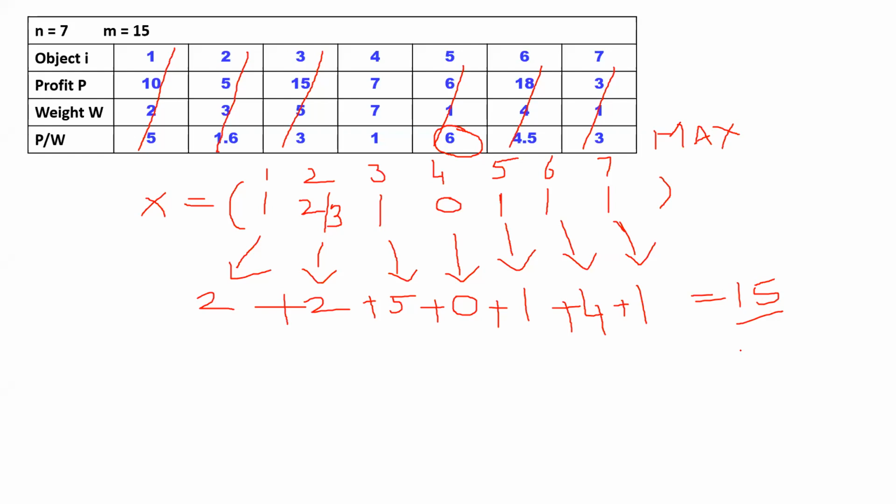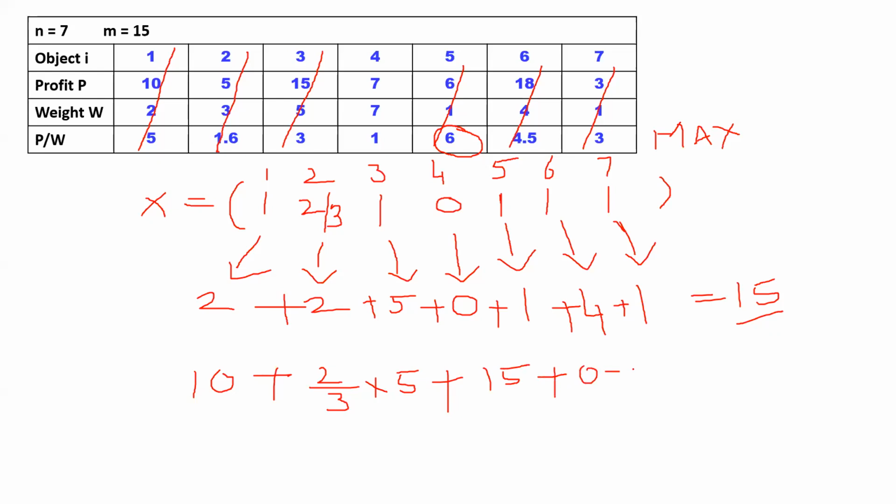Now what is the profit that you are earning? First item, profit is 10. Second item, profit is 5, but you have not completely filled it up. You have used only 2 by 3rds, so the profit will be 2 by 3rds of the item into 5. Plus third item, profit is 15. Fourth item, anyway you have not used it.